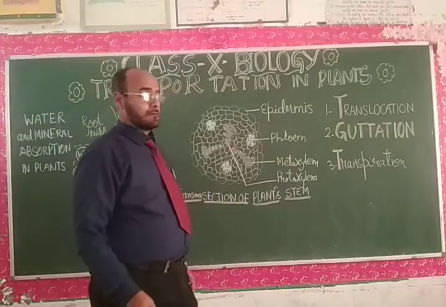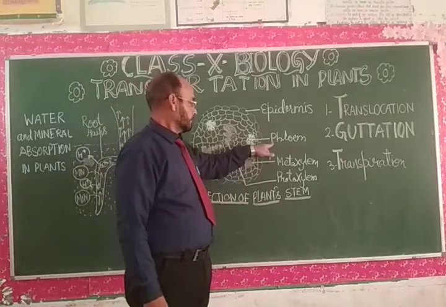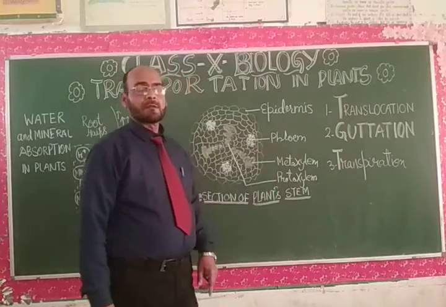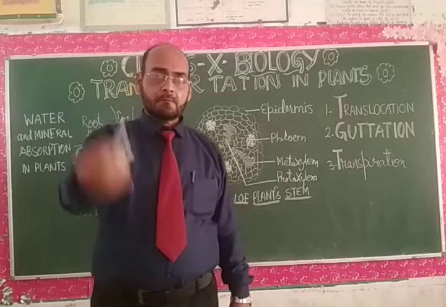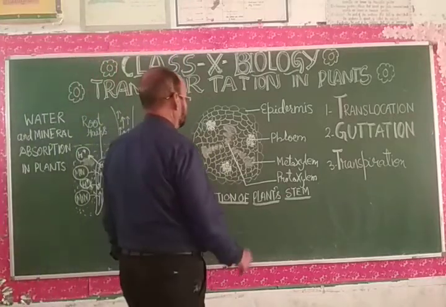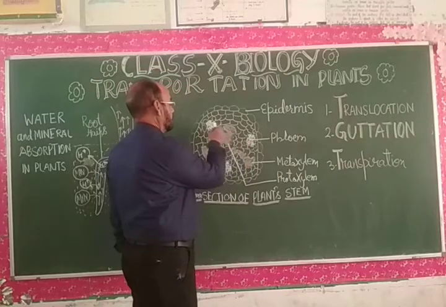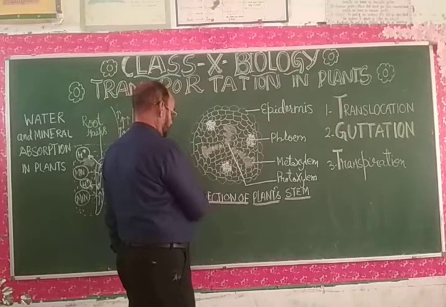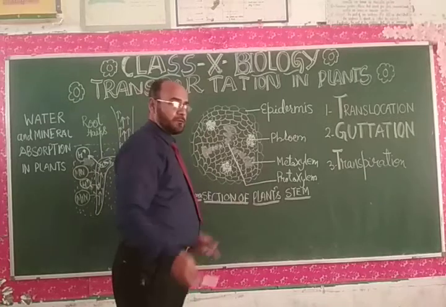As you know, the phloem and xylem are the vascular bundles which perform the process of transportation in plants. Here you see the bundles of phloem showing in the transverse section of the plant stem.